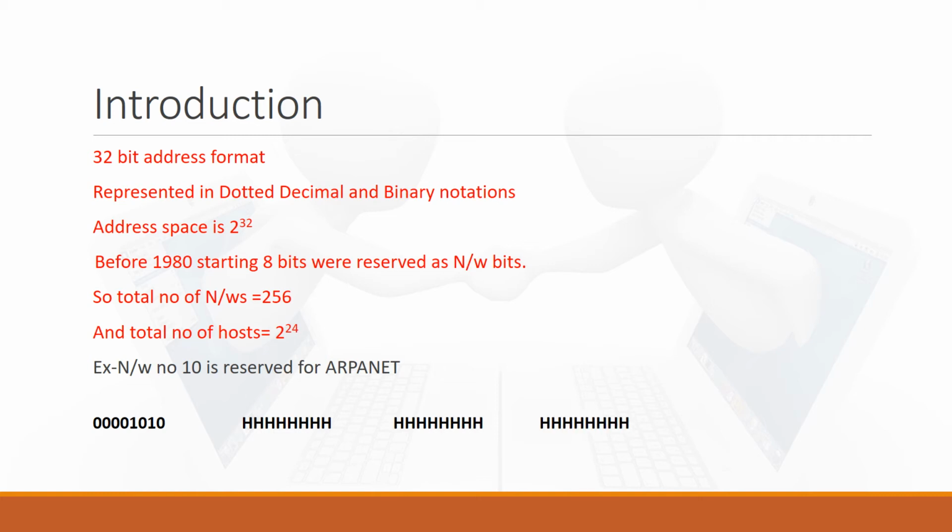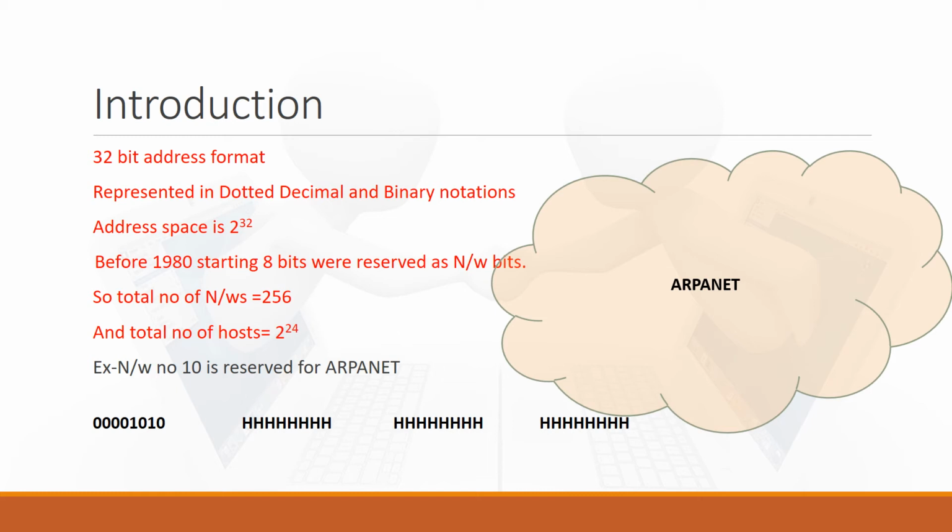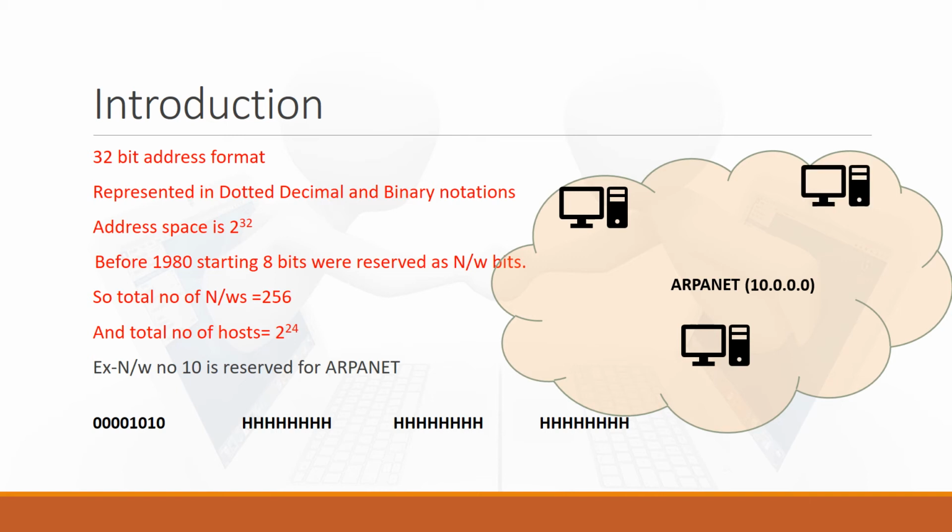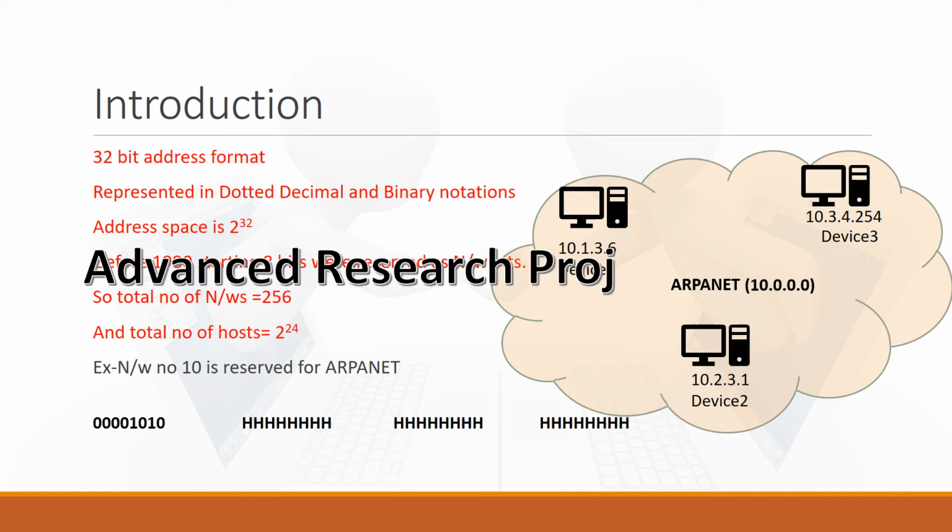We can understand it as a network of ARPANET whose network IP is 10.0.0.0, and let there be some devices used under ARPANET, which are device 1, device 2 and device 3, whose IP addresses are 10.1.3.6 for device 1, 10.2.3.1 for device 2, and 10.3.4.254 for device 3.